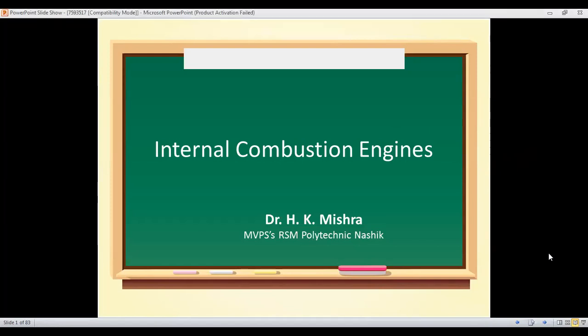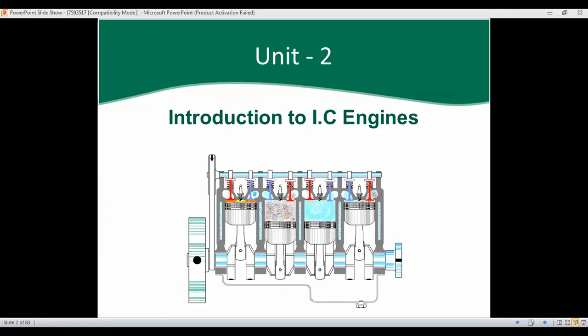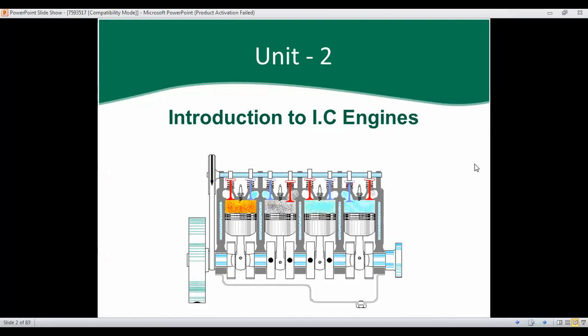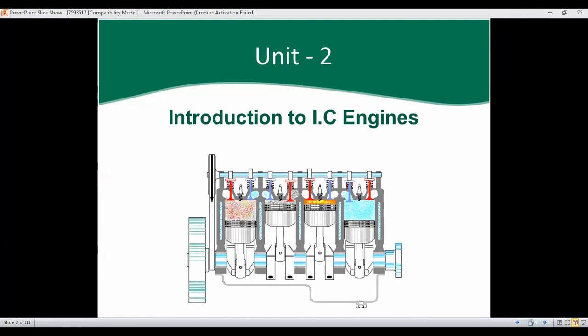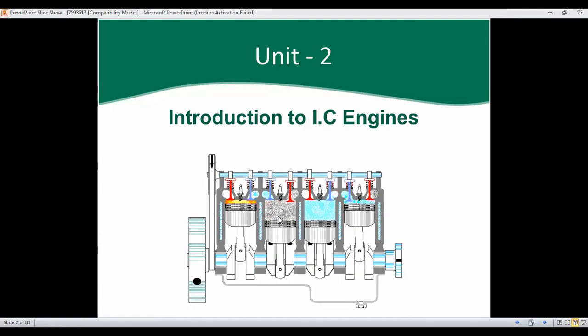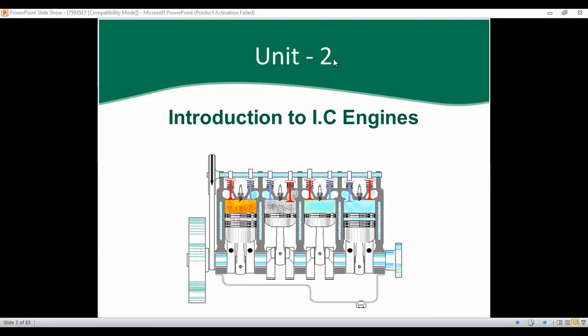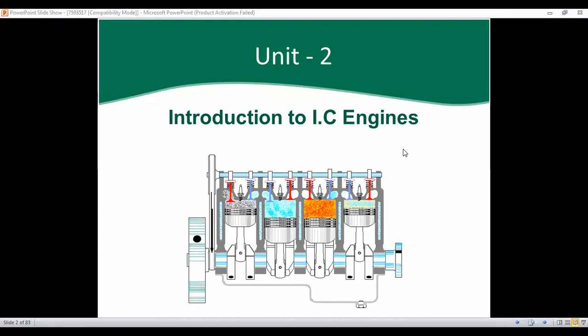Okay, students, let's start. So the first is the internal combustion engine, meaning an introduction about the internal combustion engine. Like you see here, the important components are shown in this animated diagram.